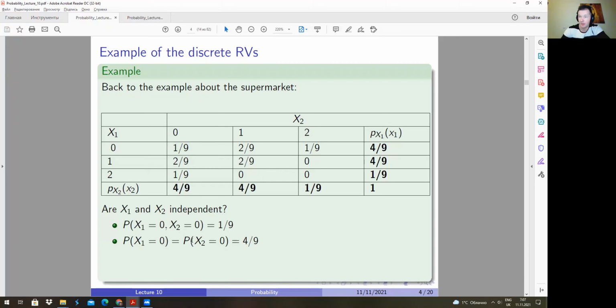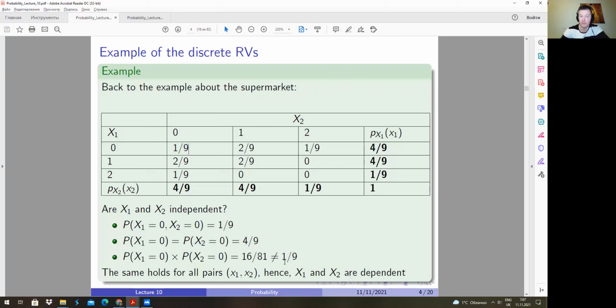And now we just check the condition. So the product of these two marginals is 16 over 81, which is not equal to 1 over 9, the joint probability. So we found one pair of values for which the condition of independency does not hold. And since at least one pair gives us this, we can say that these two variables are dependent.